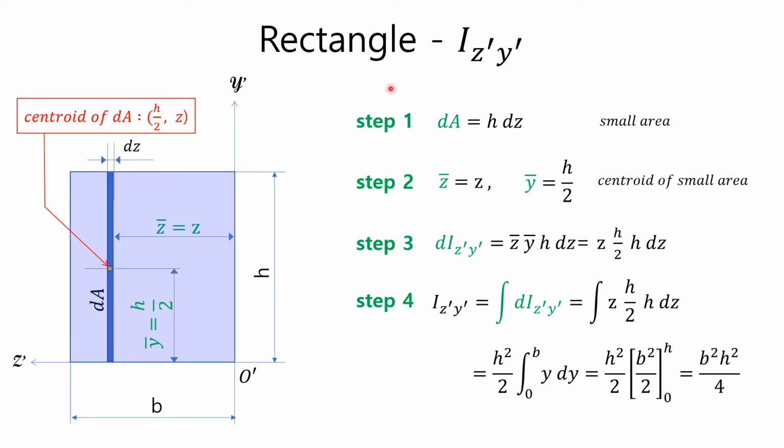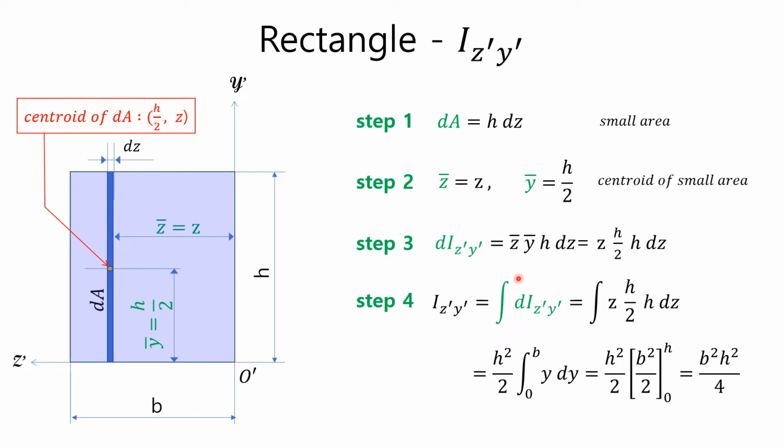Of course, we can use the small strip parallel to the y prime axis. As the first step, dA is h dz. In the second step, we locate the centroid of small area dA, which are y bar and z bar. Their coordinates are z and h/2 respectively.